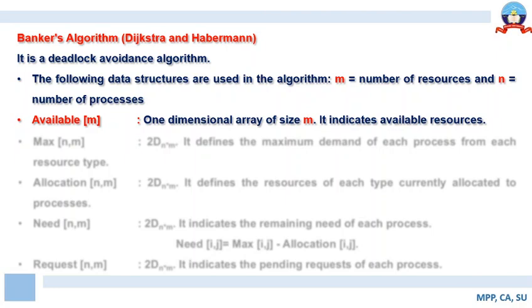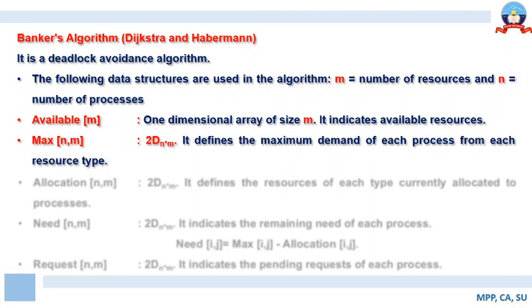For example, if Available is 1, 2, 3 and 4, it implies it has one instance of resource R1, two instances of resource R2, three instances of resource R3 and four instances of resource R4. So that is the way Available is interpreted. It indicates the available resources that are there in the system.